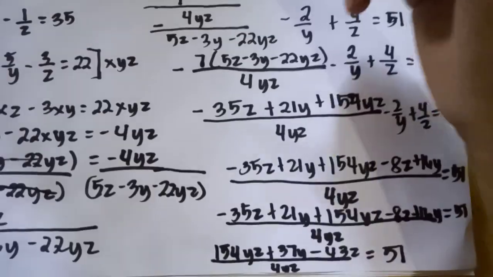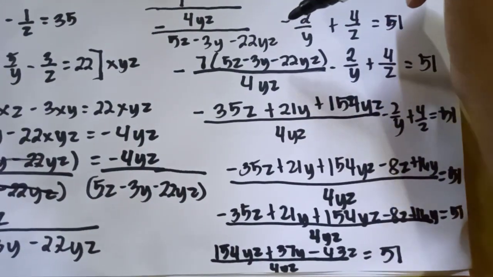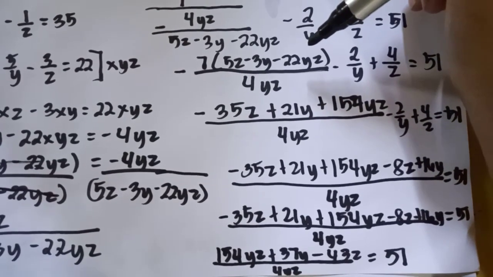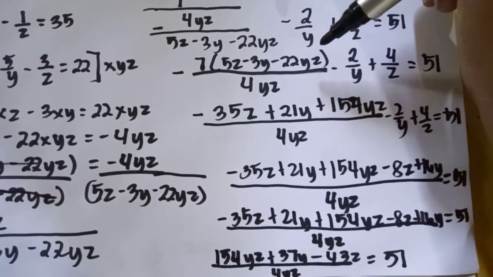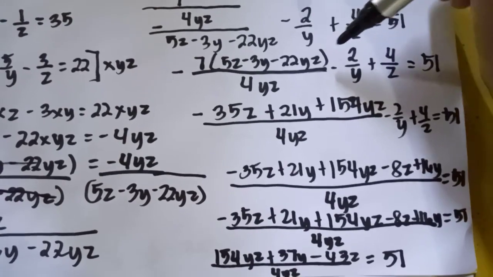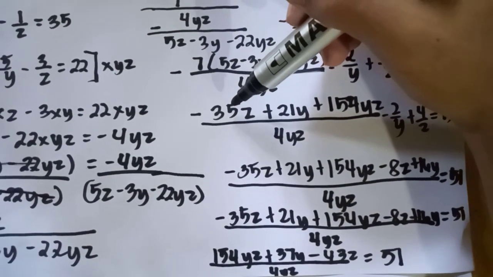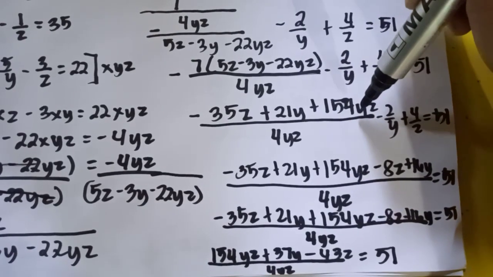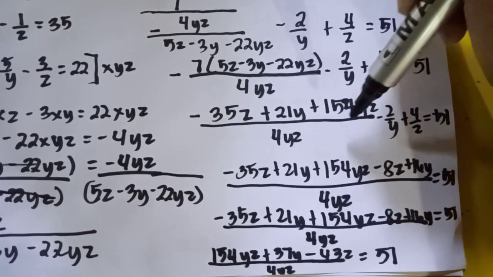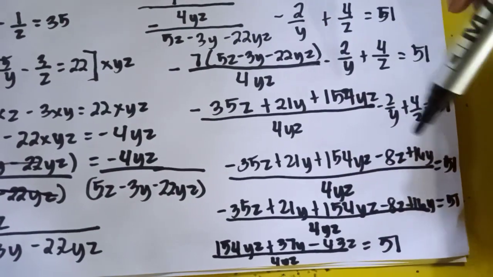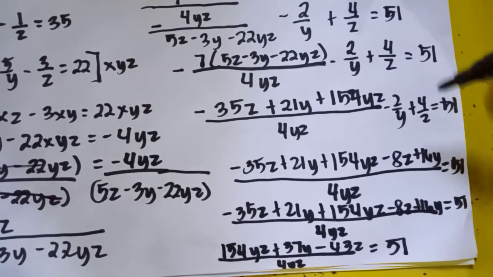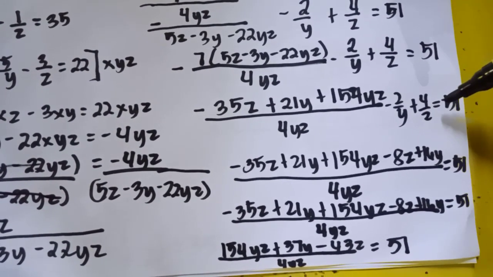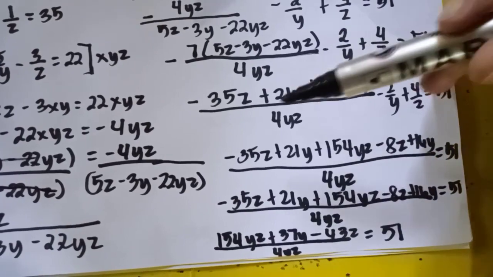And then we will multiply negative 7 times 5z minus 3y minus 22yz, which will give us negative 35z plus 21y plus 154yz over 4yz minus 2y plus 4z equals 51.